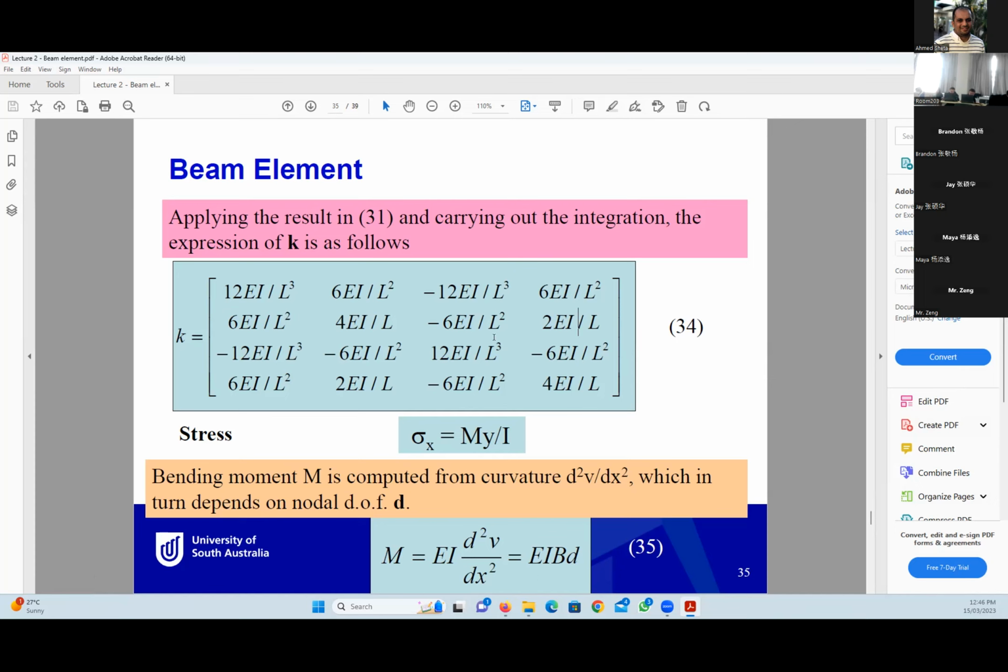Okay. So after getting the stiffness matrix and getting the values of B and D, and using EI, you can get the moment.